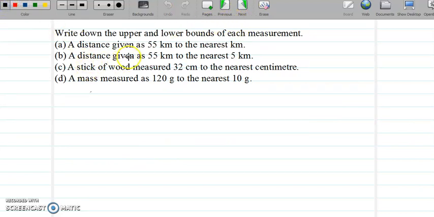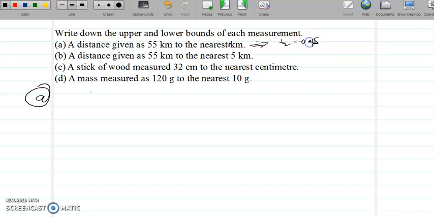So here we are asked to write down the upper and lower bound of each measurement. For the first one, A says a distance given as 55 kilometers to the nearest kilometer. To the nearest kilometer means to the nearest 1 kilometer. So half of 1 is 1 over 2, which is 0.5.